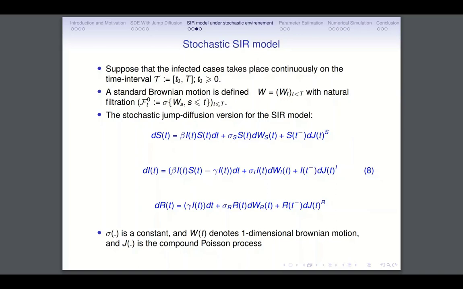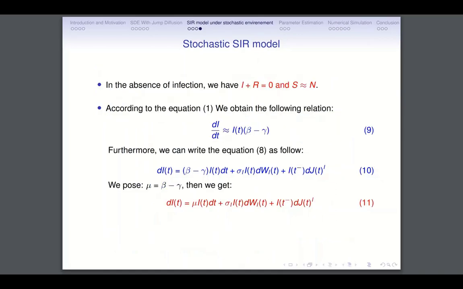Sigma is a constant, and as we said, W is the Brownian motion and G is the compound Poisson process. Here, without loss of generality, we will focus on the infectious cases for the first stage, and we can apply the same processes and methodology to the susceptible and recovered cases.